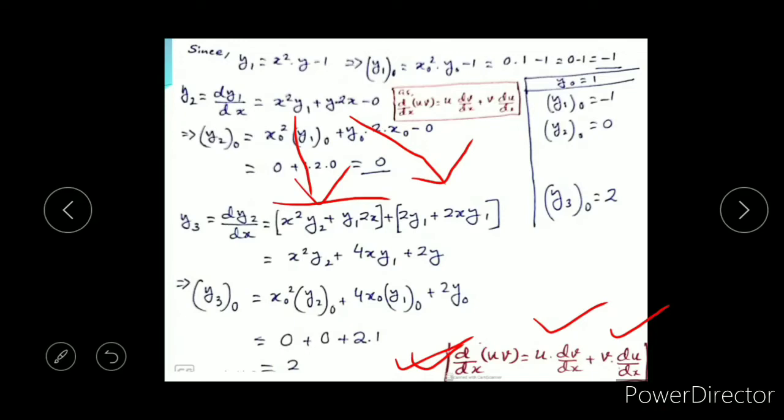After simplifying, we are getting y3 equals x square y2 plus 4x y1 plus 2y. Now putting the values, y3 0 equals x0 square into y2 0 plus 4x0 into y1 0 plus 2y0.